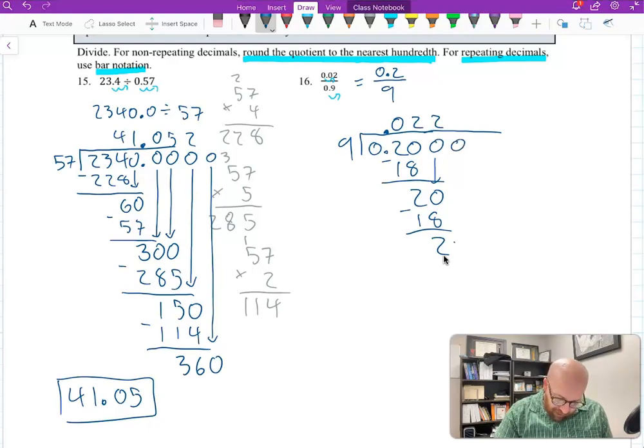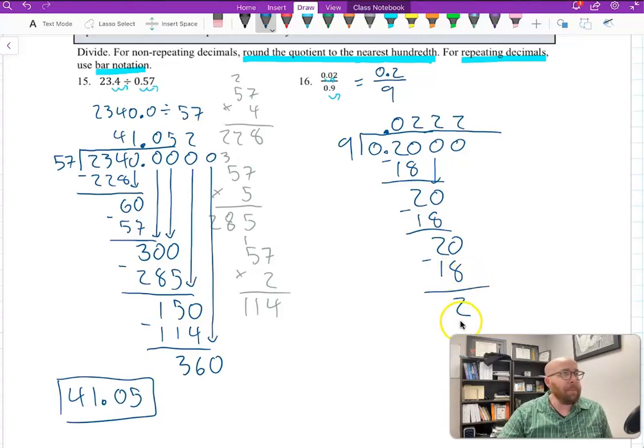Add a 0. How many times does 9 go into 20? 2 times, difference of 2. We're just going to keep getting this remainder of 2. So this is what's called a repeating decimal. It's going to keep repeating on and on.